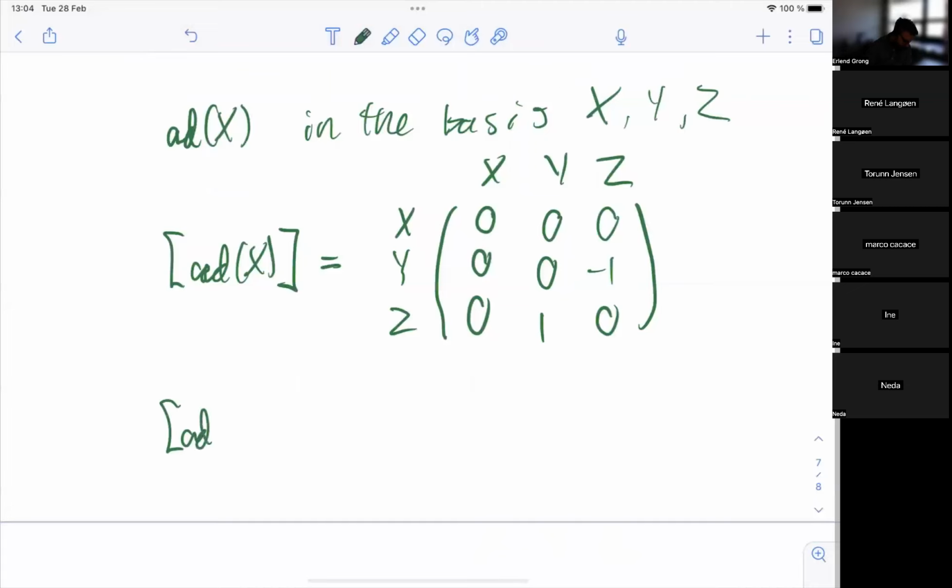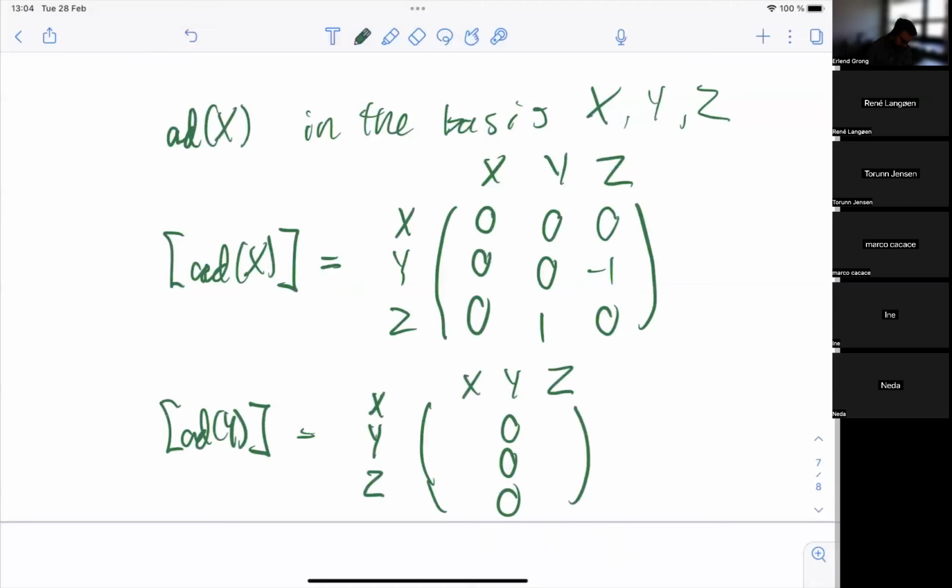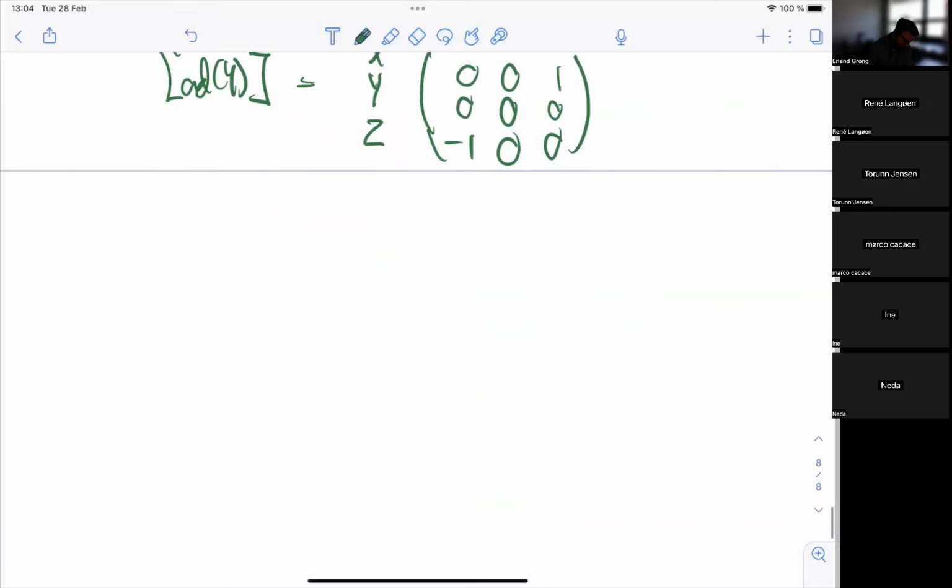And similarly, if I look at the matrix of ad y in the basis x, y, z, obviously it does nothing to y. Together with x, it gave us minus z, so it's 0, 0, 0. And then z with y gives us x, so that's 1. Here we have 0, 0, 0.